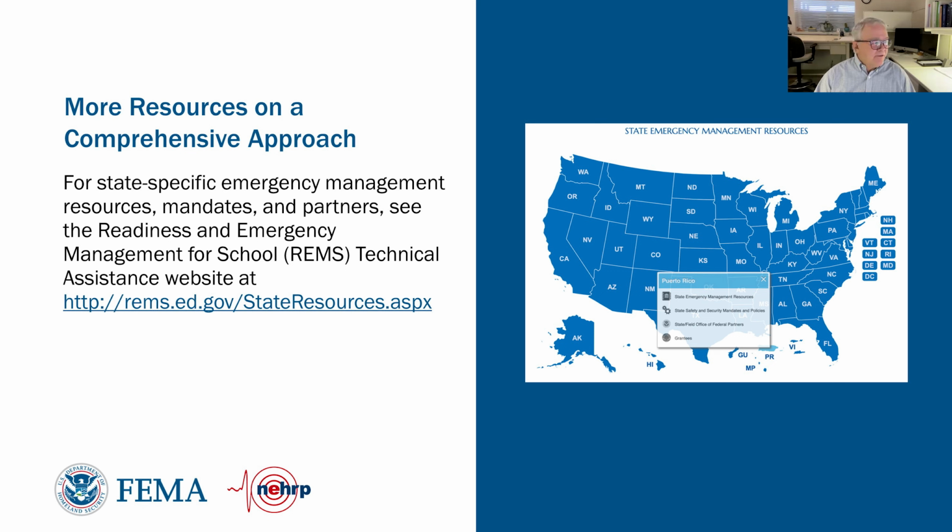And in that chart, if you click on the chart, for instance, this is showing a pop-up for Puerto Rico, you can find the states or territories' state emergency management resources that they might have, the state safety and security mandates and policies, and then state field offices or federal partners. So it's a good thing to start there to see what your state has in terms of these resources as you travel down this road.